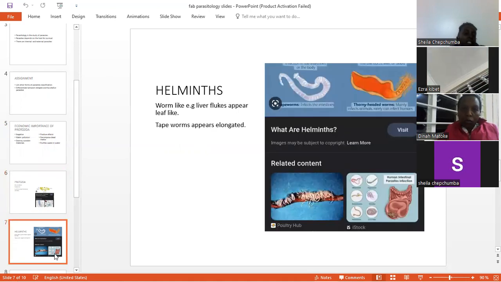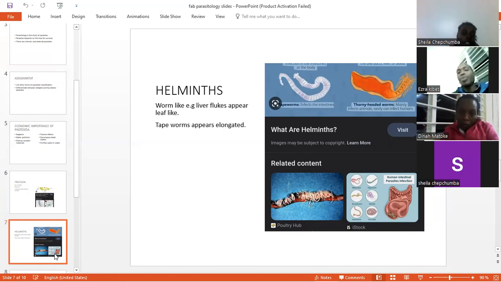We have helminths. Helminths are also another category of parasites. This one includes the intestinal parasites, for example, the liver flukes and tapeworms. Now the tapeworms affect even the animals, for example, cows and dogs.